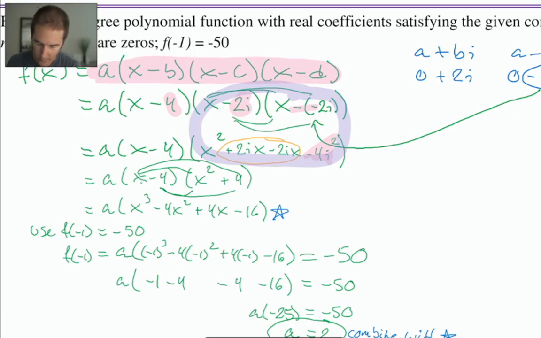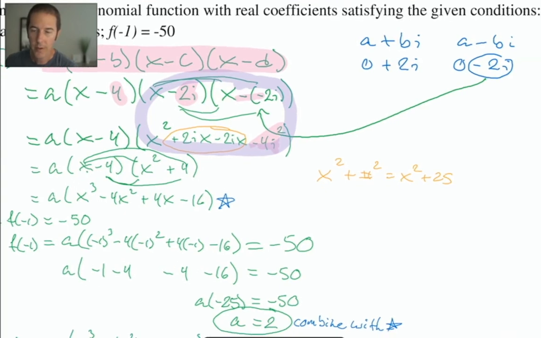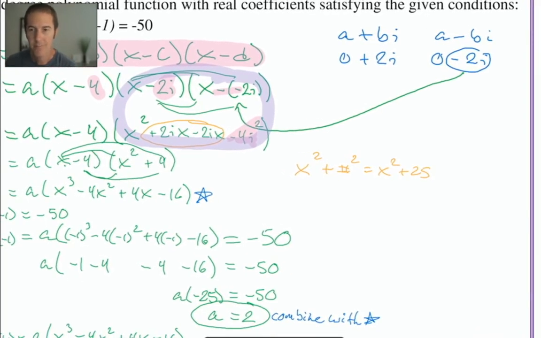If you have x squared plus some other number squared, like maybe this ends up equaling x squared plus 25, okay? X squared plus 25 is factorable if you're using imaginary numbers.